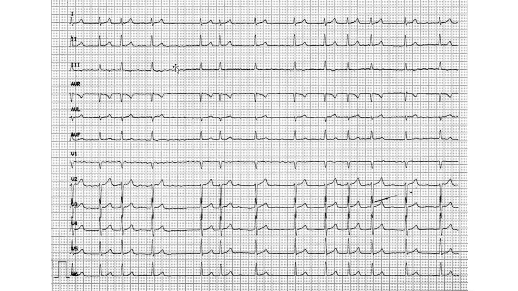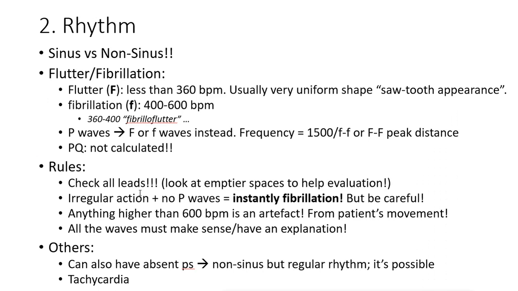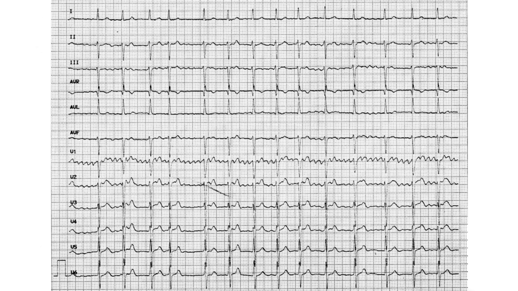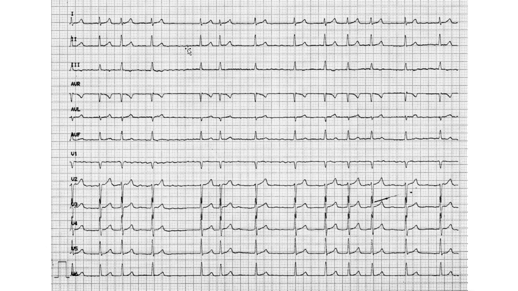The other idea is that we can go back to the idea that irregular action, no P waves, instantly we say fibrillation. So irregular action, off the bat we can say that. No P waves, I can't see any P, instantly we say fibrillation, or at least put it as the default idea in your head that this is going to be fibrillation, and we can say that indeed.